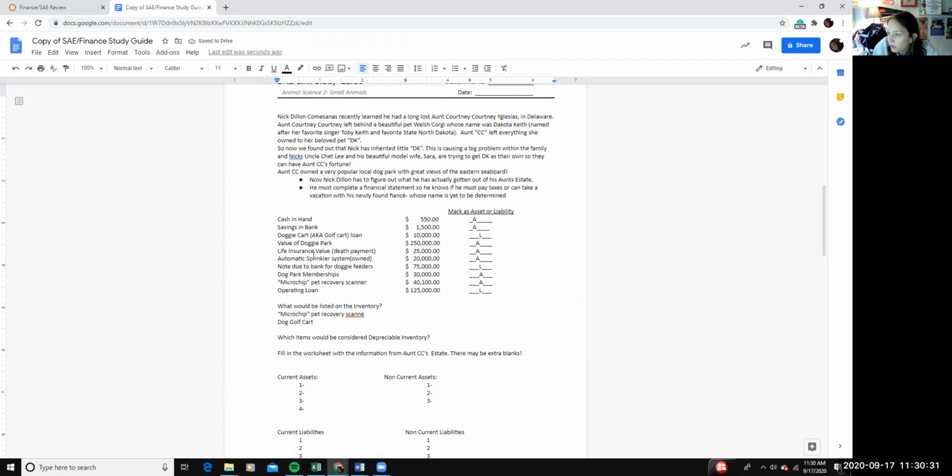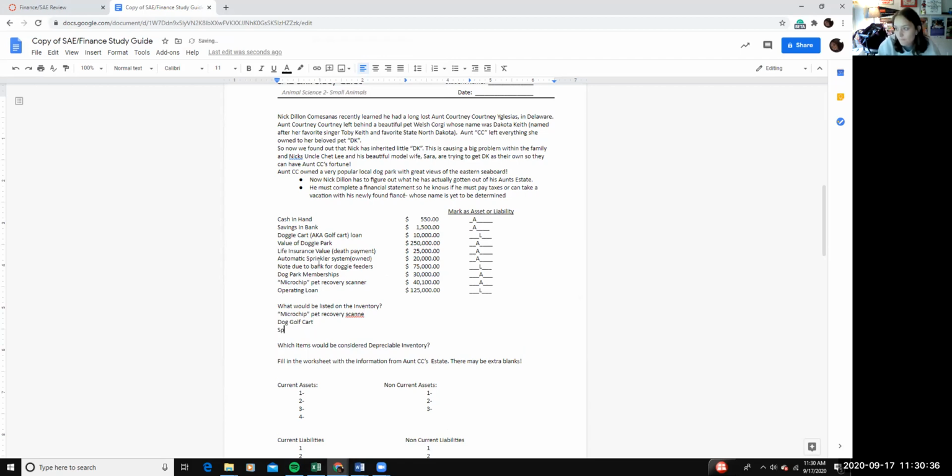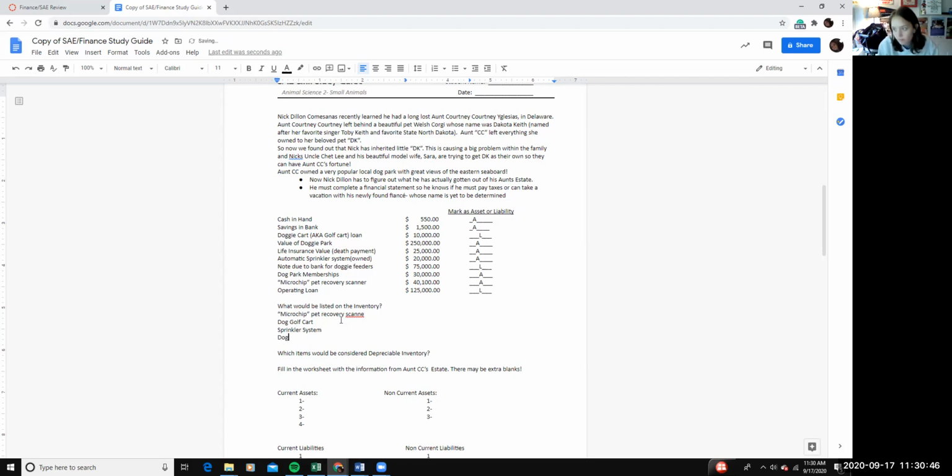And then the sprinkler system. And the doggy feeders. Right, anybody see anything else that I might have missed? All right, I'll go on to the next part.